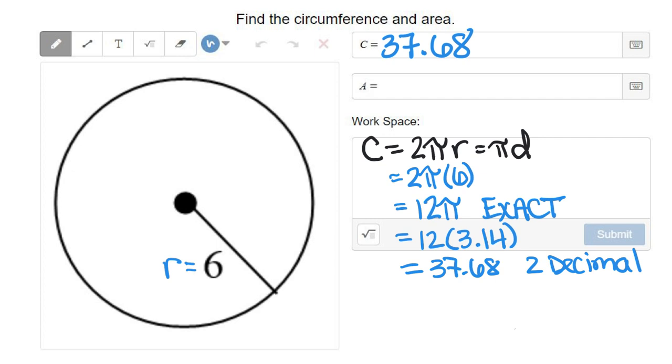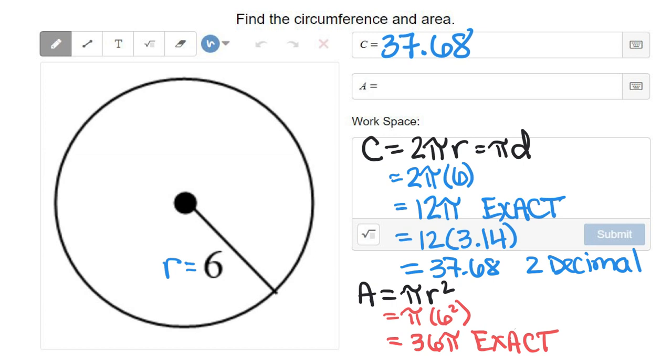For area, we have area equals pi times the radius squared. Again, our radius is 6, so pi times 6 squared. So I have 36 pi as an exact answer.